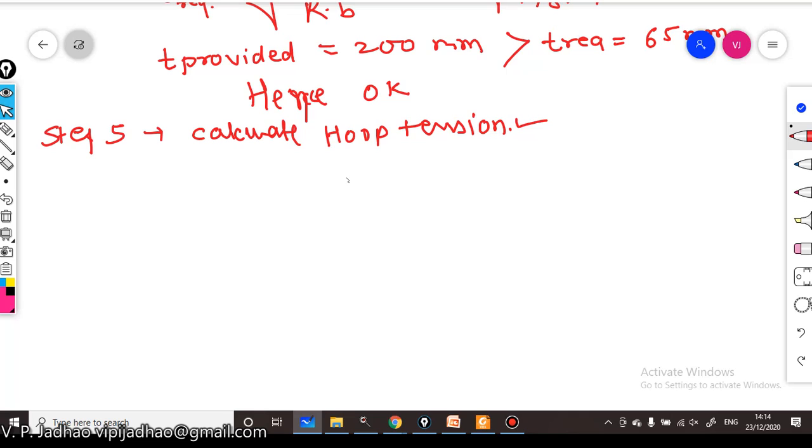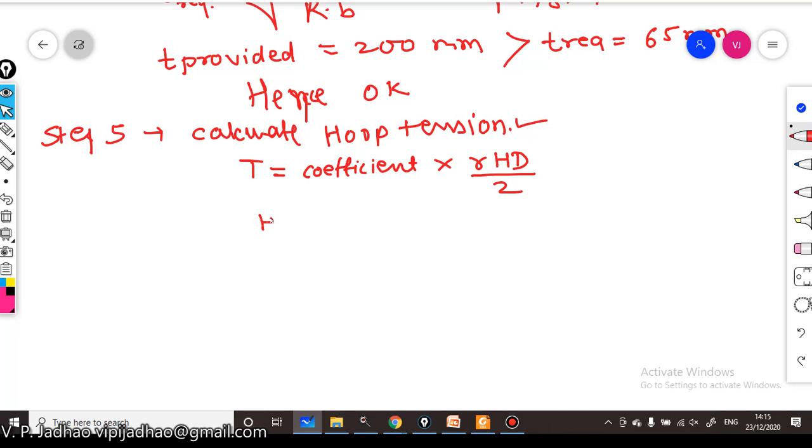Now we know that the hoop tension is calculated by this particular formula, hoop tension T is equal to coefficient multiplied by gamma H D divided by 2. This is the formula for calculating the hoop tension.